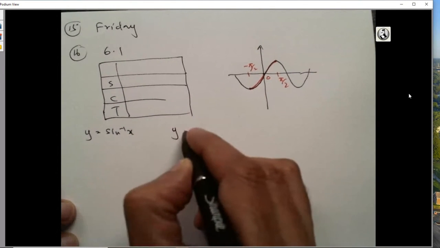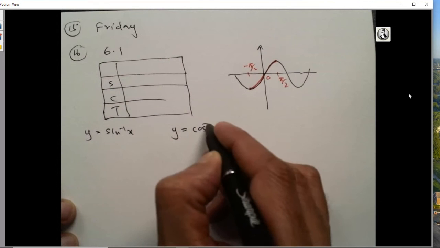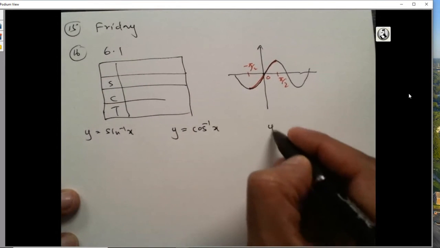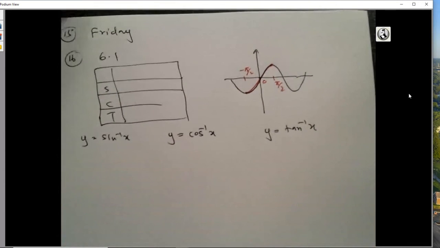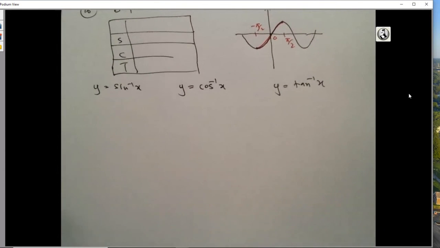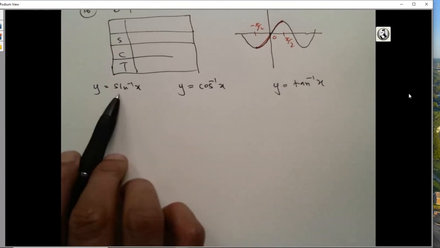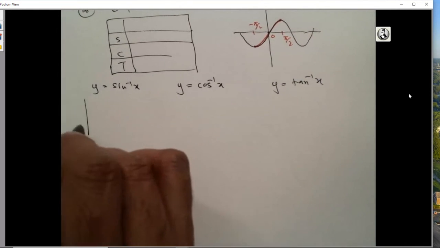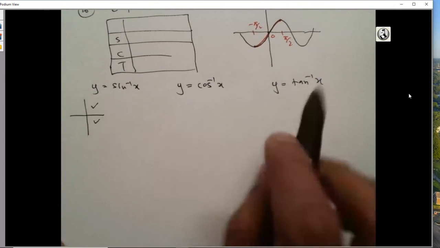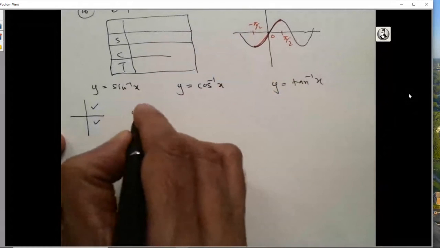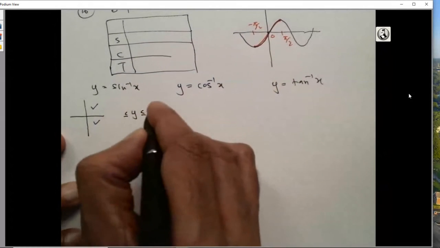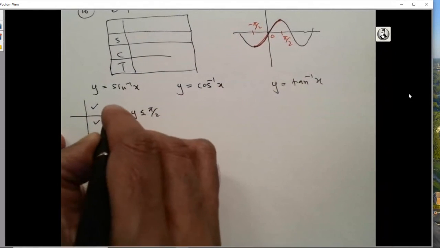Y equals sine inverse x, y equals cosine inverse x, and y equals tan inverse x. So we pick the sine inverse range where the cosine is positive. That's why we pick this, so the domain is simply between positive pi over 2 and negative pi over 2.